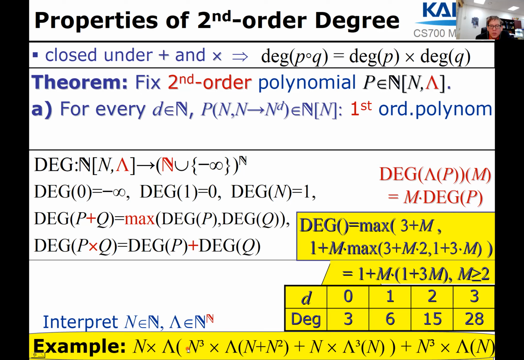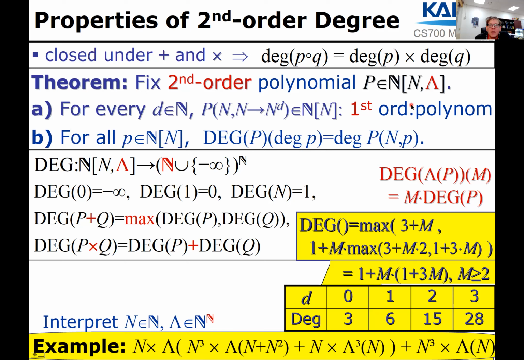And then there's another squaring operation. So again, please confirm that with manual calculation: if we replace lambda, the generic function here, with a particular function that takes n to n to the d, for fixed d, then the second order polynomial boils down to a first order polynomial, an ordinary polynomial. That's the first statement of the theorem.